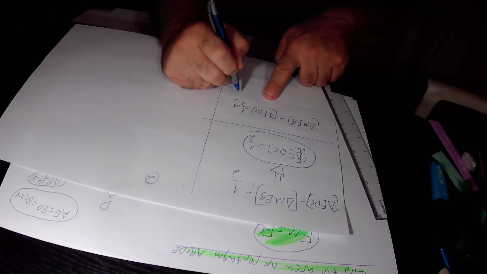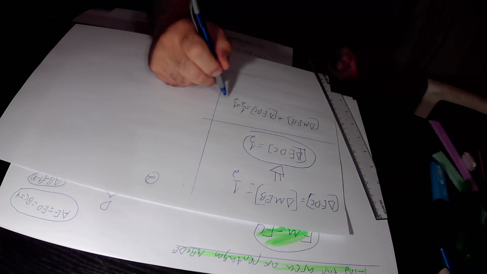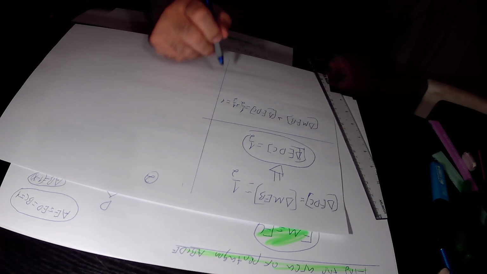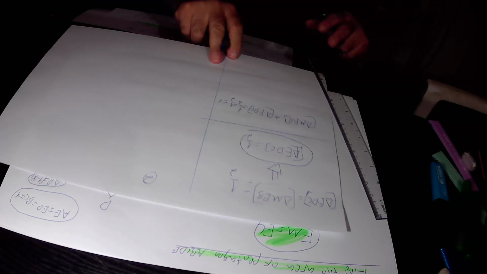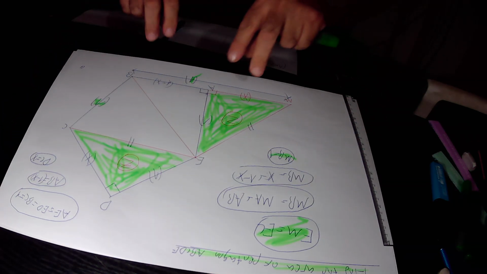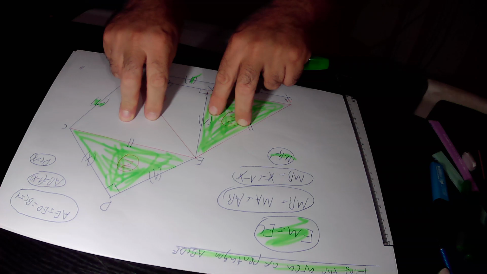So in total, the sum of the areas of those two triangles equals to 1/2 plus 1/2, that is 1. So the sum of the areas of those two triangles is equal to 1 square inch in size.